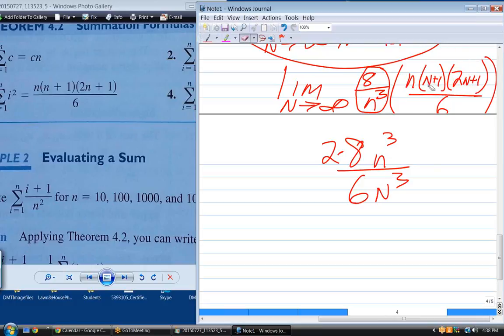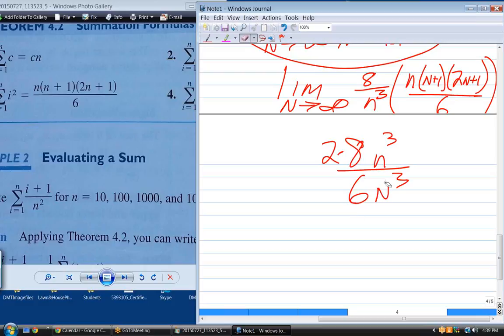In other words, I could go through and multiply these out, but you don't really need to, because the only term that produces a number is the first one. All of the other terms are going to have an n in the denominator that doesn't go away, and when I take the limit of that, that term goes to 0.